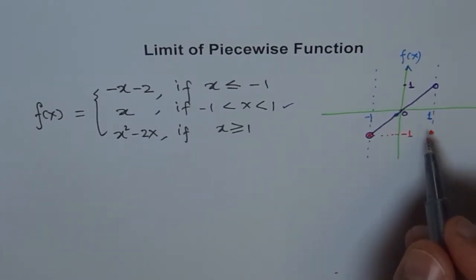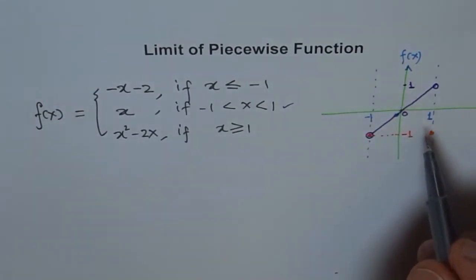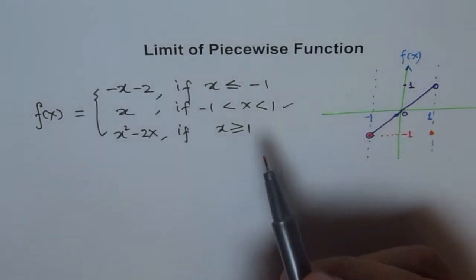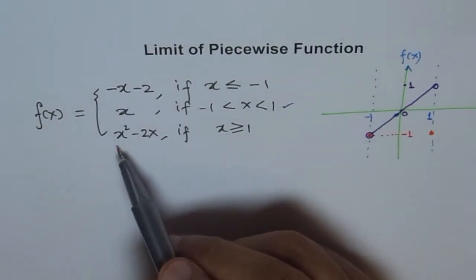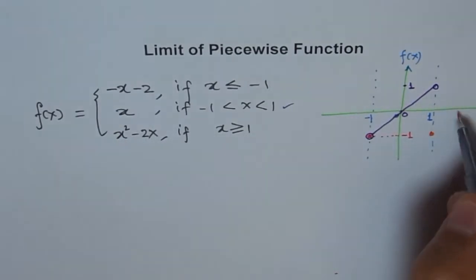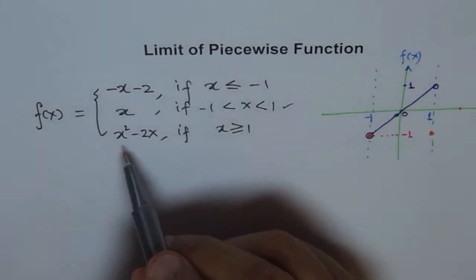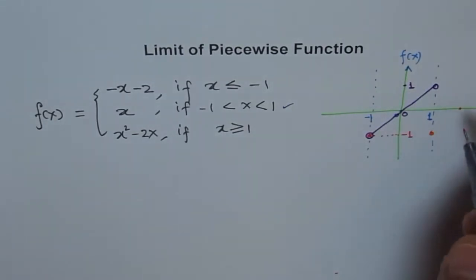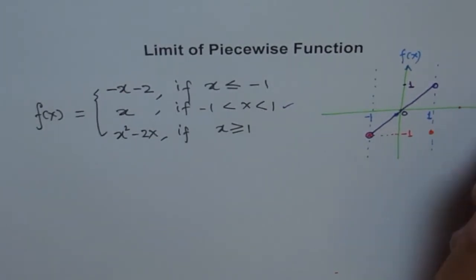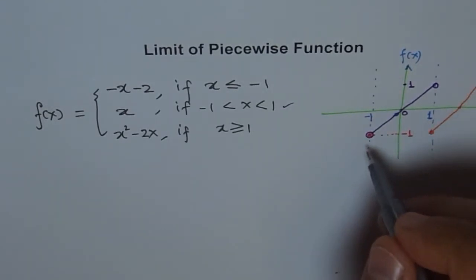And as it goes higher and higher, if I write 2 here, then 2 squared is 4, and 4 minus 4 is 0. So at 2 I have a 0. And it's a parabola, and it's going to increase in steps of 1, 3, 5, 7. So first step is 1, and then the step will be 2, 3. I can always draw this parabola which is kind of like this. So I got this part of the graph.